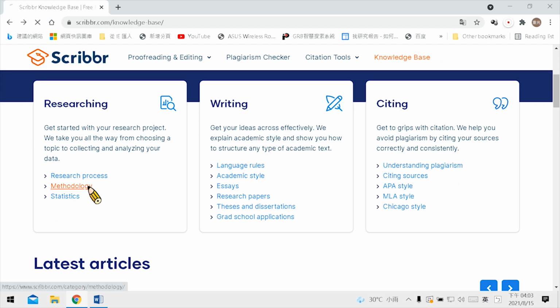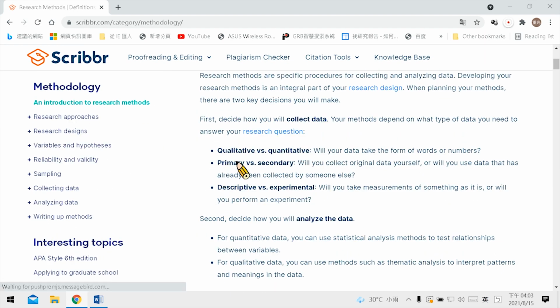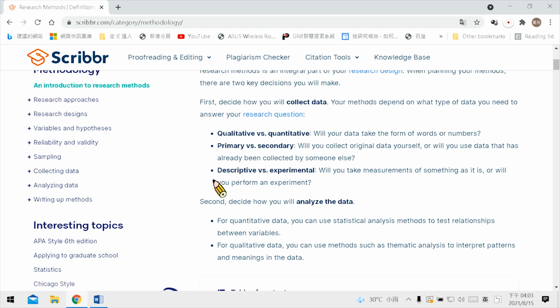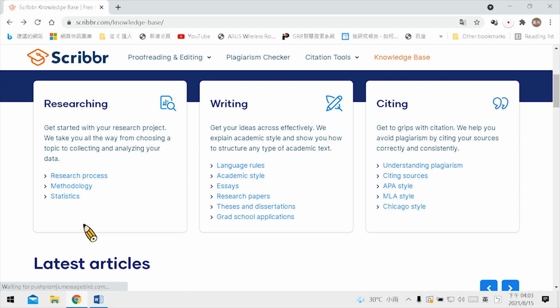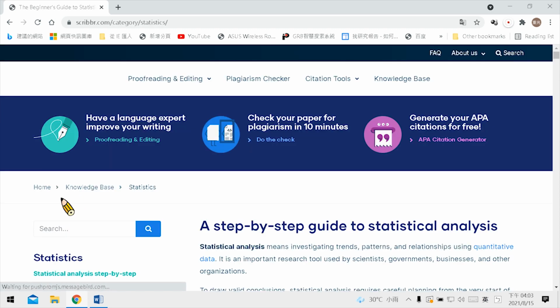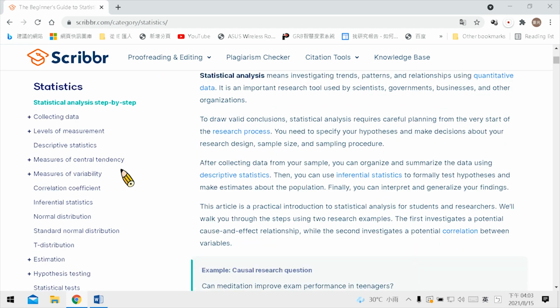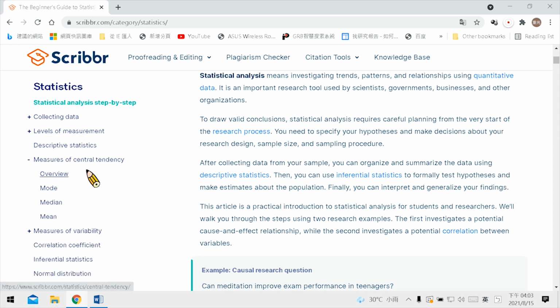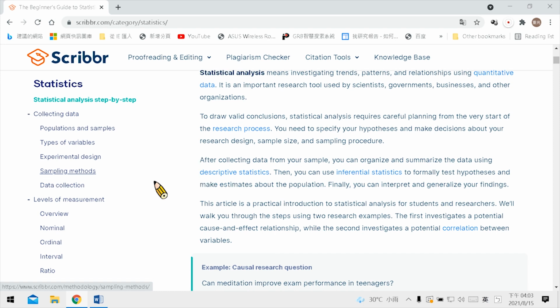you check the methodology. Okay, and qualitative is this kind of research method. Okay, and I want to say this third one, statistics. Okay, this is statistics, a step-by-step guide of statistical analysis, and it has several pieces of information.